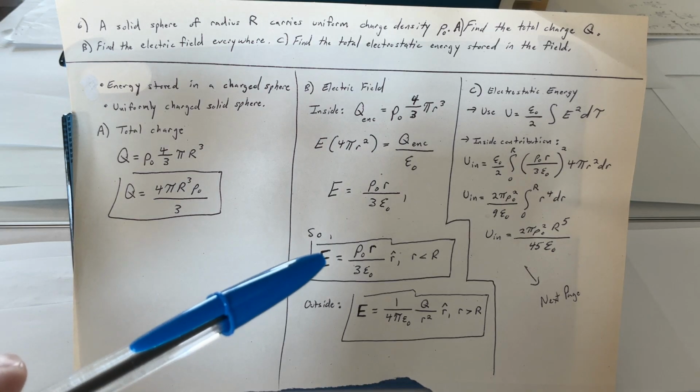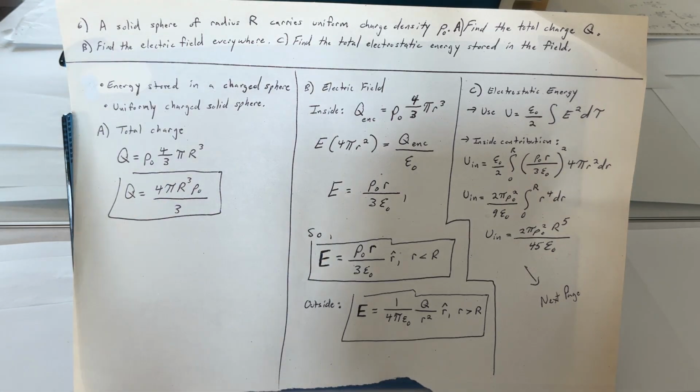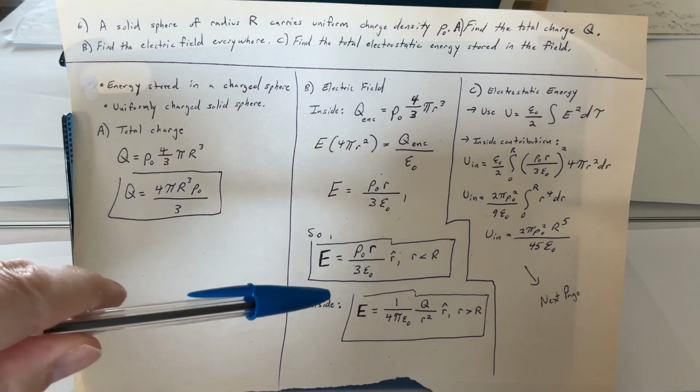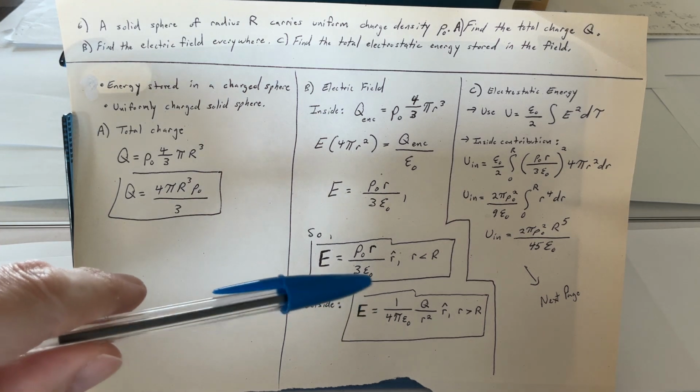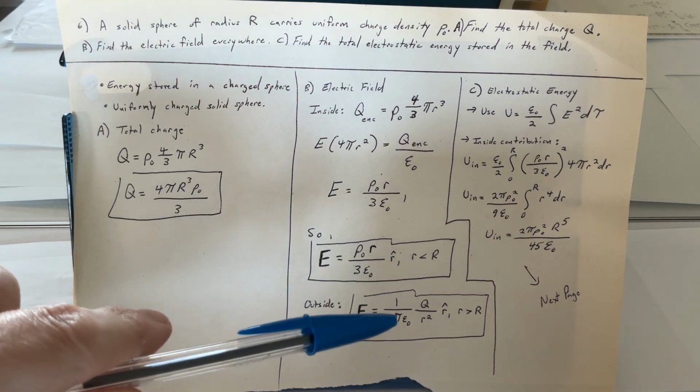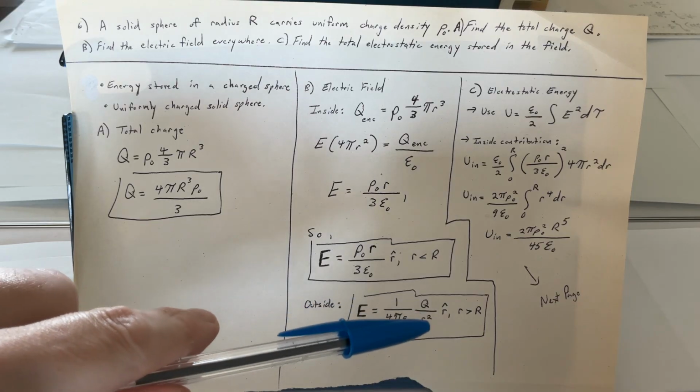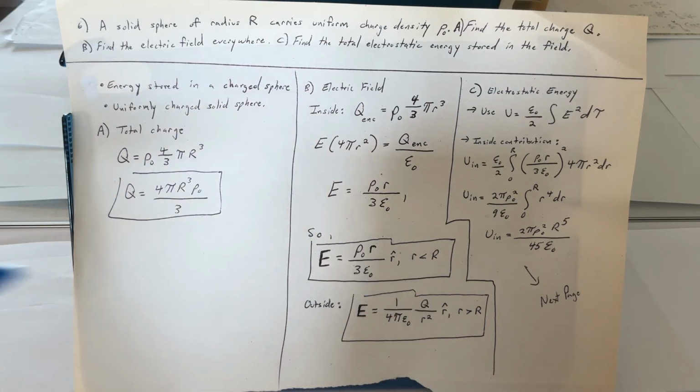So our electric field here is rho naught r over 3 epsilon naught r hat, where lowercase r is less than capital R. And outside the electric field is going to be 1 over 4 pi epsilon naught Q over r squared, r hat, where r is greater than capital R.